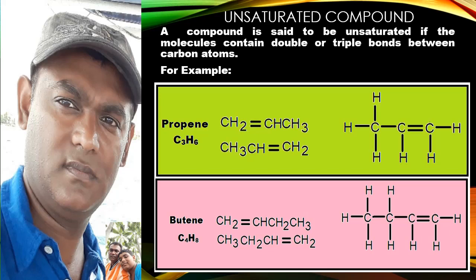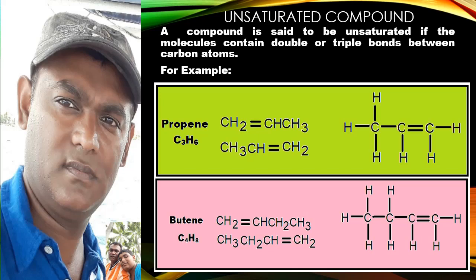It is from the family alkene. Its formula is C3H6. It can be represented as CH2=CH-CH3, or it can be represented as CH3CH=CH2. Both of them are the same.